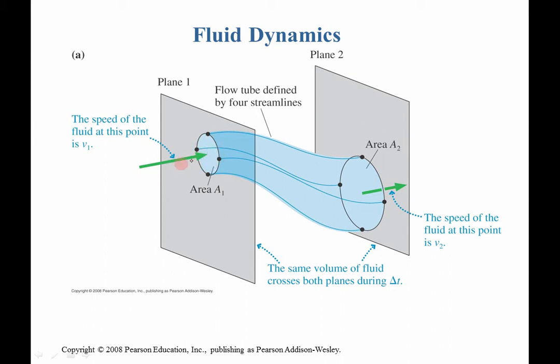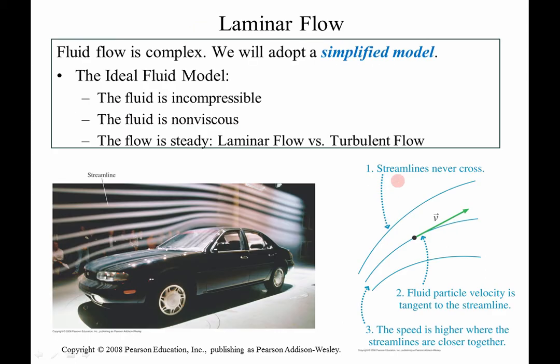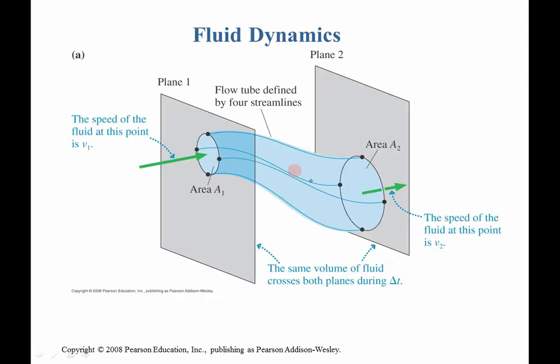It just says that whatever comes in here has to come out here because there are no holes in between that would make fluid go anywhere else. So if you have 1 liter coming in here, 1 liter should come out here. However, if this is narrower, then this liter is going to come faster than the velocity that it has when it comes out here.